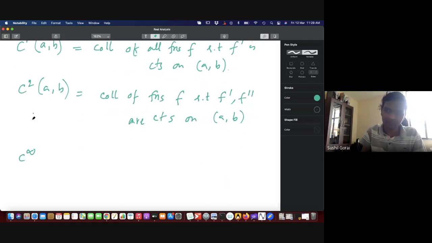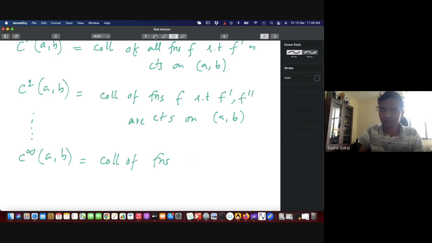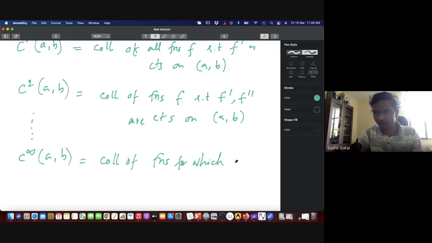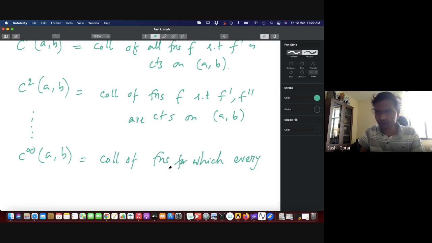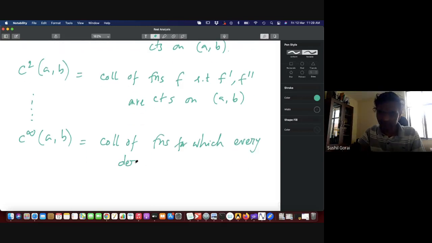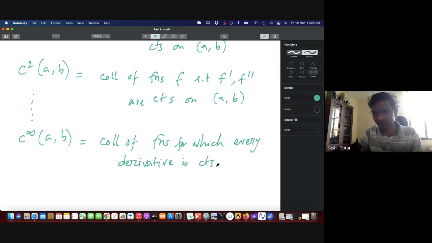C infinity, similarly, is the collection of functions for which every derivative is continuous. All right.